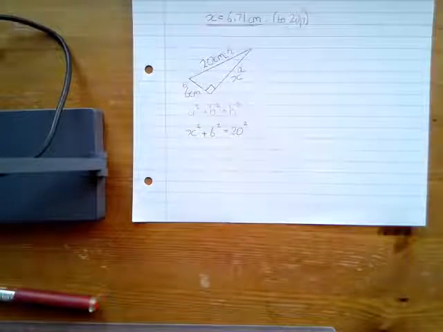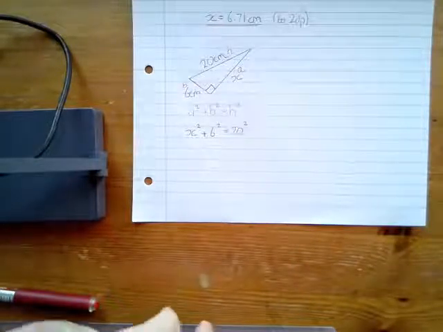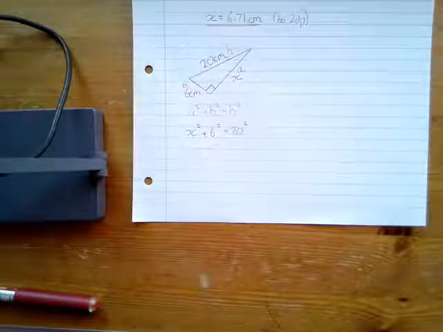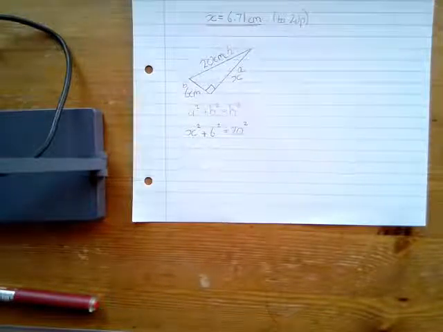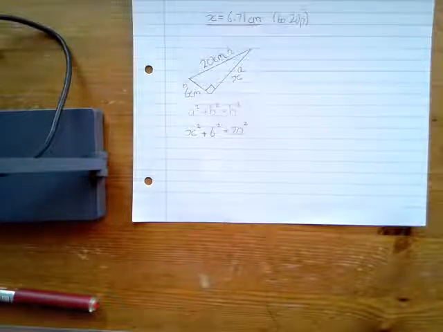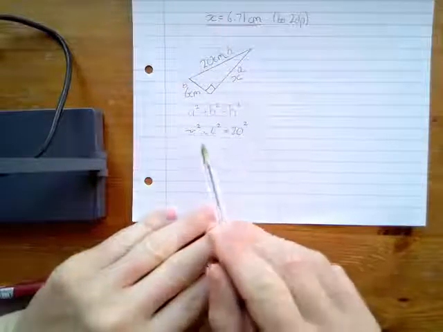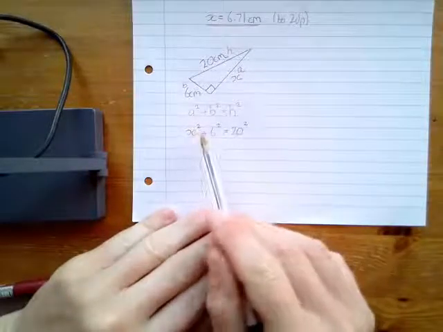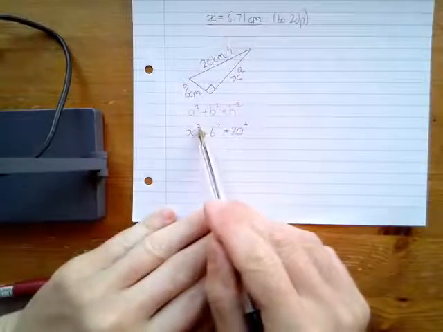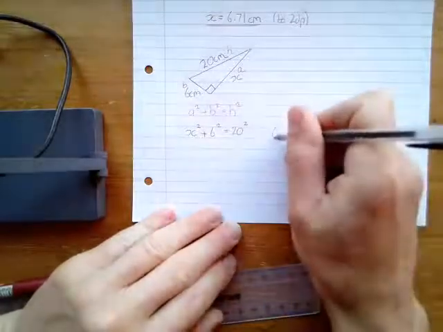Okay, and the first thing I'm going to do is I'm going to start by trying to get the left side of the equation just to say x squared. So I need to remove the plus 6 squared from this side.